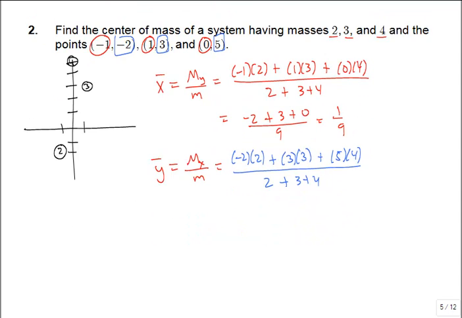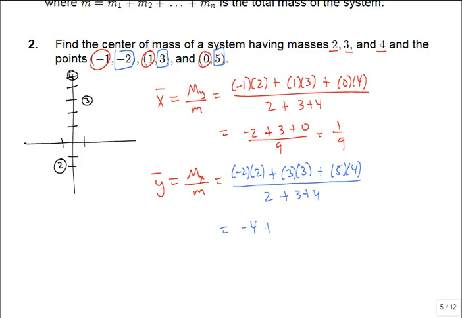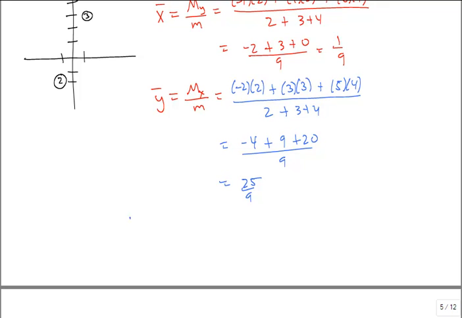So this is going to give me (-4 + 9 + 20)/9, which is going to give me 25/9. So my center of mass, (x bar, y bar), is going to be 1/9 for the x value and 25/9 for the y value.